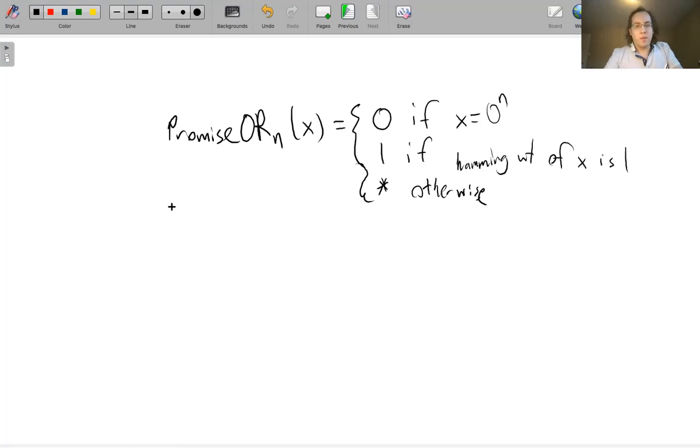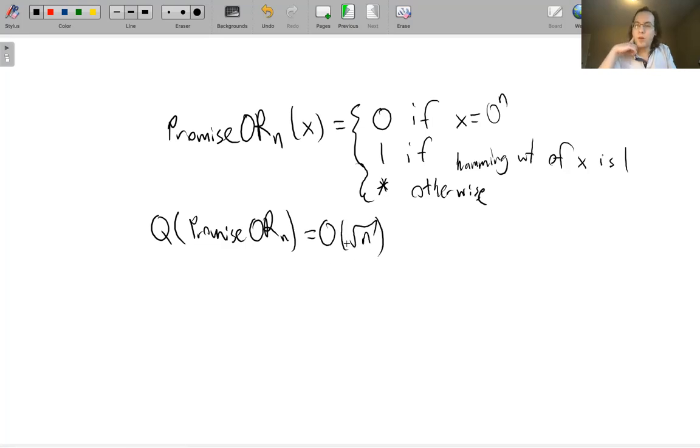Effectively, this is a function that can be solved with Grover search. So we know basically that Q of PromiseOR is at most root n, up to constant factors depending on the exact implementation of Grover's algorithm. So we would like to prove a lower bound on this.